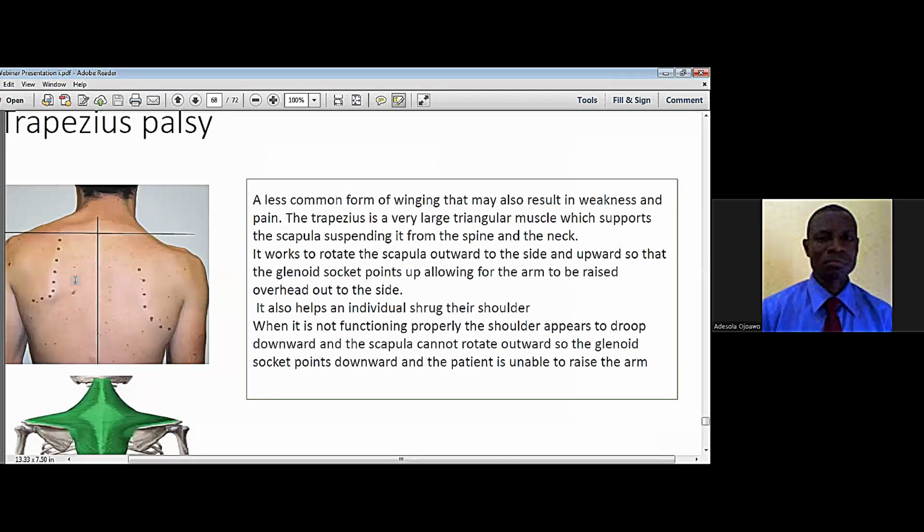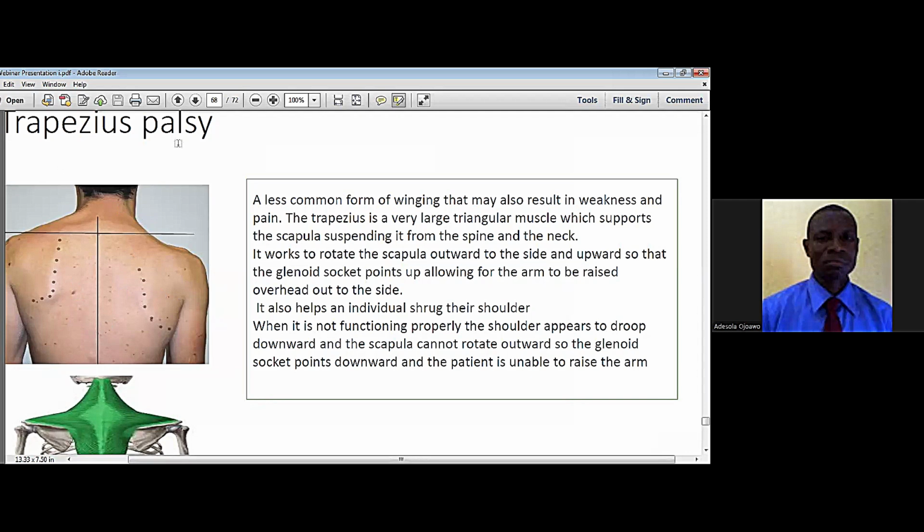So you may not leave the patient out, but there are some things you will not do by virtue of what you have learned from this lecture. Most of the time when somebody is having pain, especially at the scapula, we try to do mobilization of the scapula. You cannot mobilize somebody that is having trapezius palsy.